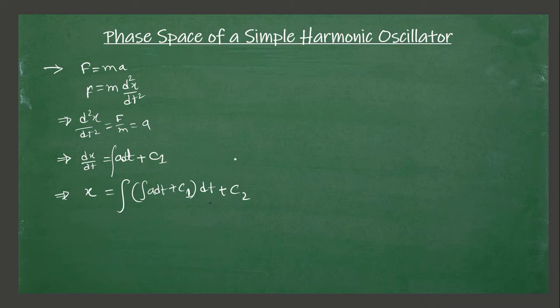And sometimes in classical mechanics we use momentum instead of velocity. So the phase space in classical mechanics is a space of position and velocity or momentum.